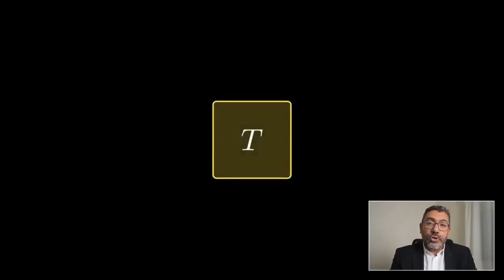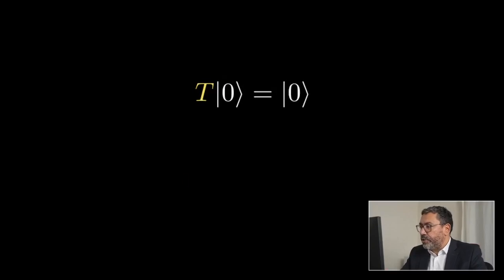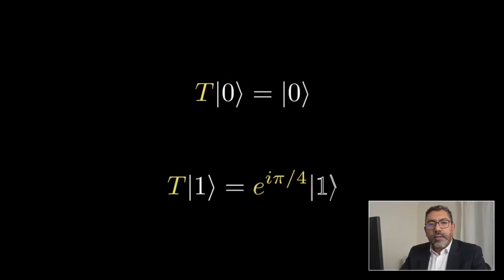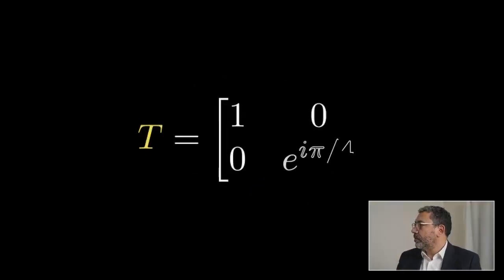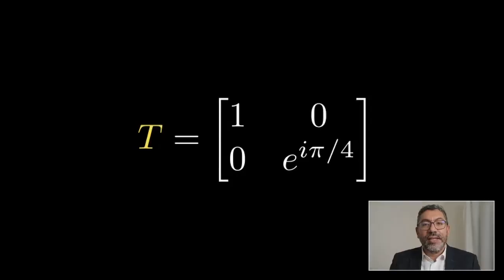The T gate is also a phase gate, but it adds a smaller phase. It leaves ket 0 unchanged and multiplies ket 1 by e to the i pi over 4. Its matrix looks like this.